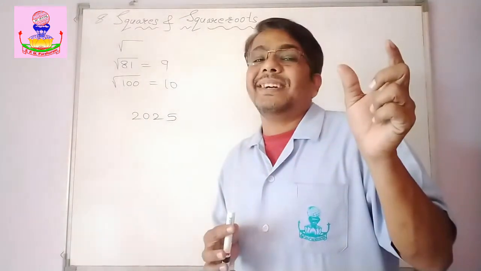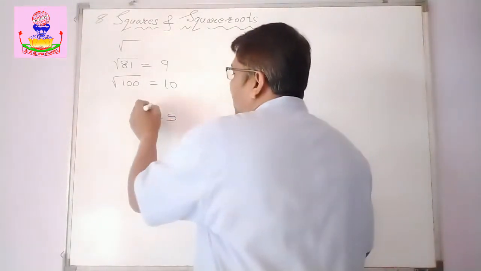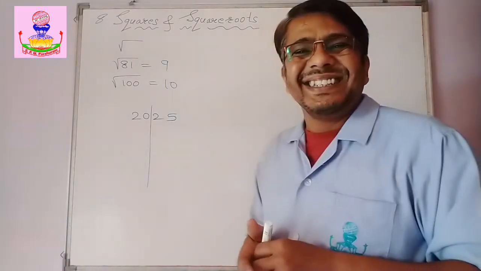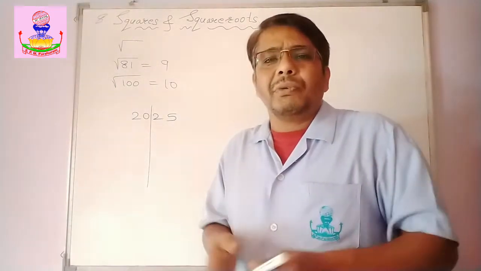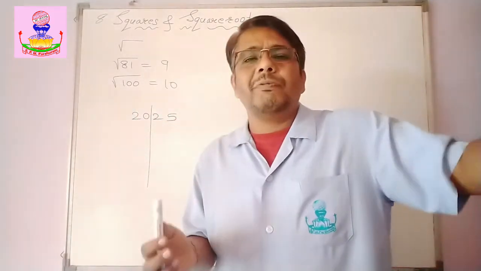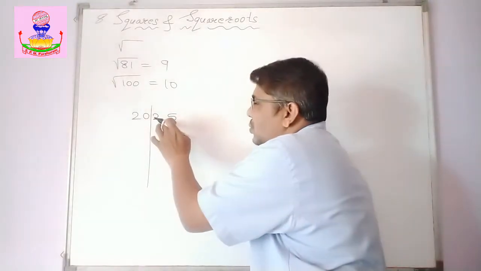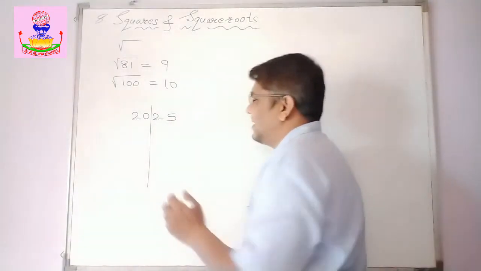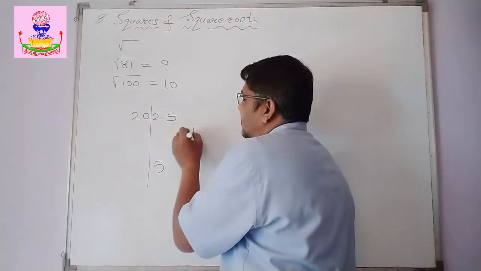Now in this case what you should do, separate the units and tens place, that is 25. Always you are going to have 25. Now we know that this is a perfect square, so we have to find the square root. So separate 25 from the rest of the digits. Then find the square root of 25. What is it? 5.